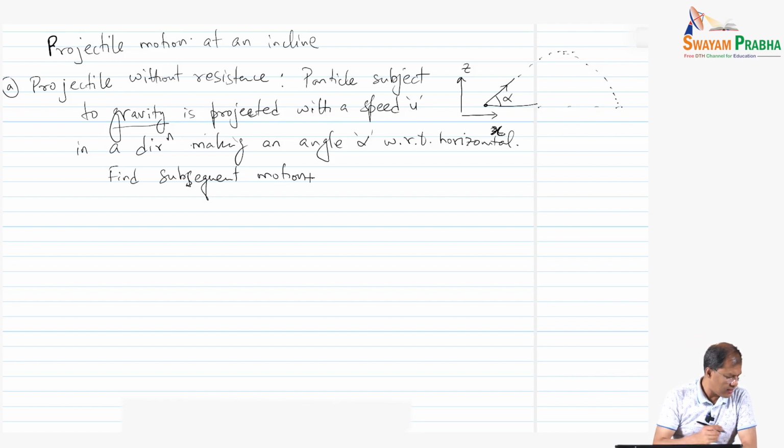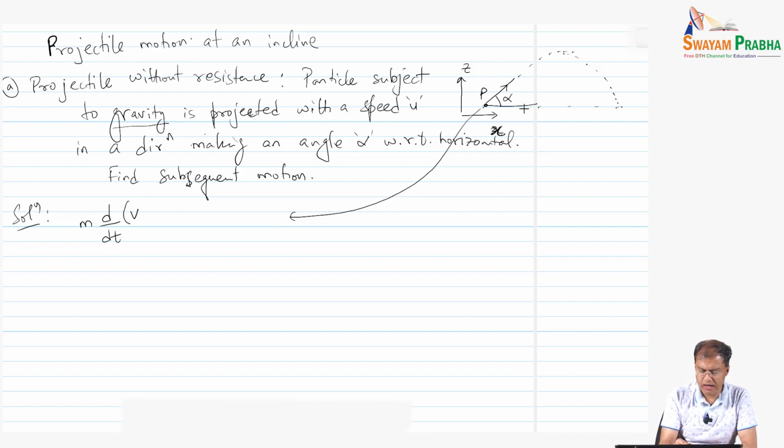So we see that if we write down Newton's second law, the force balance for this particle here, let me call this P, we see that our force balance is m times d/dt of v. So v will have two components.